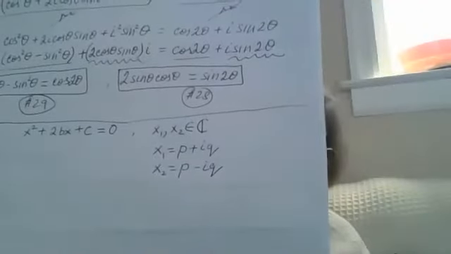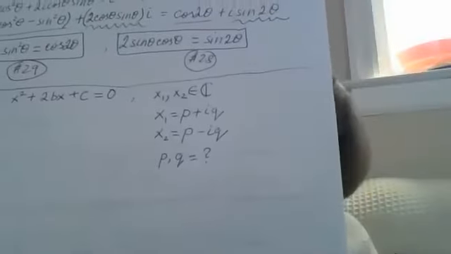And they are coming in the form of, I can even write this separately, x1 is p plus i times q, and x2 is p minus i times q. Find expressions for p and q in terms of b and c.